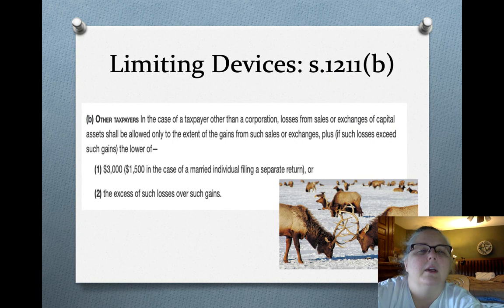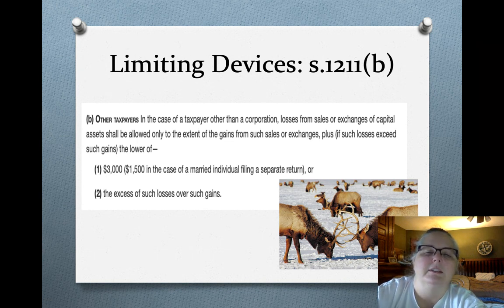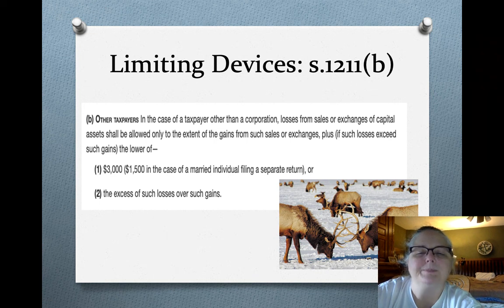But look at 1211(b). It tells you that you can take a loss from a capital loss up to $3,000 or the excess of losses over gains. So the lower of will be added to the amount of deduction that you can get.